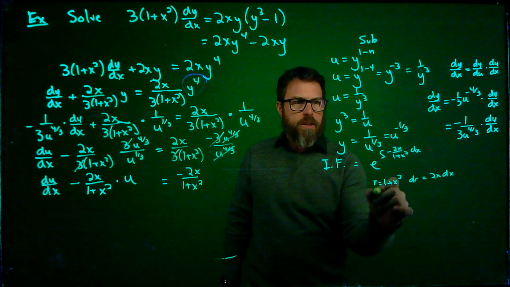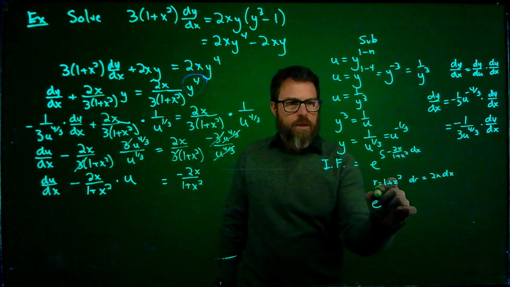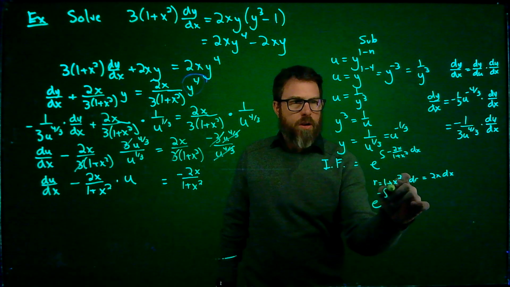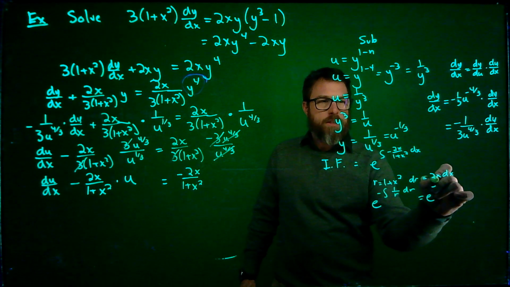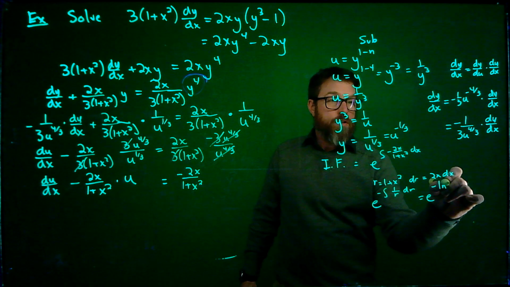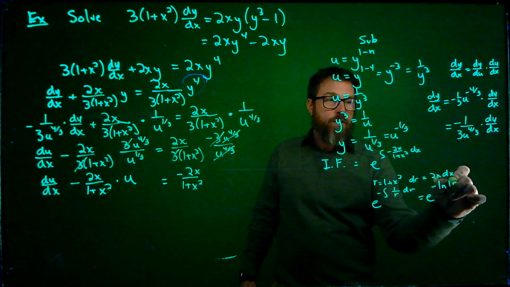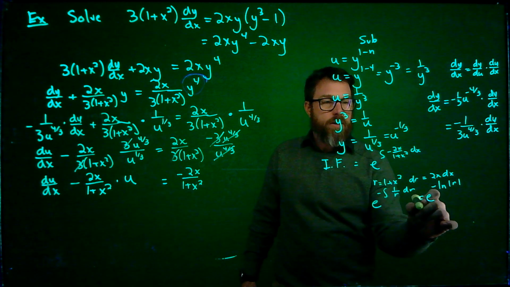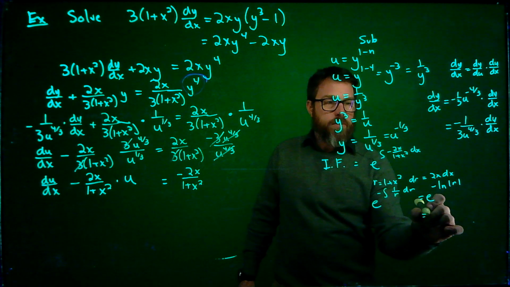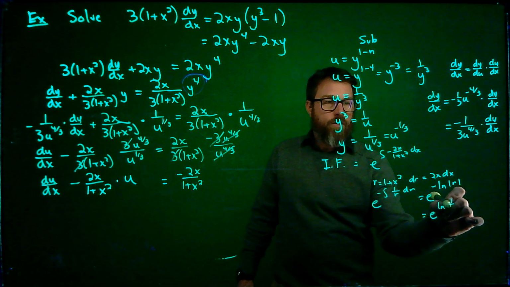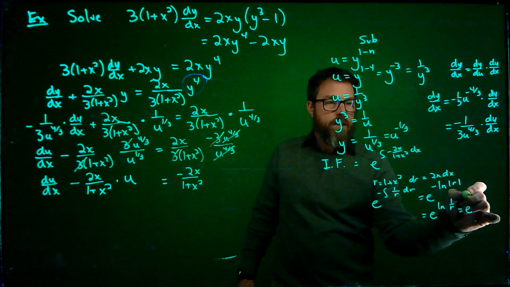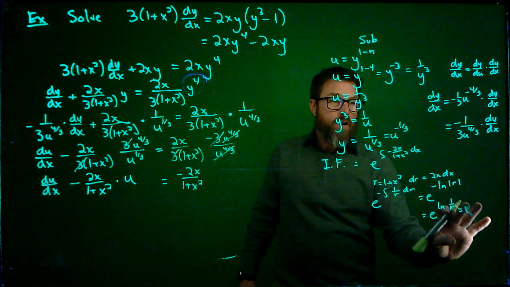So this is equal to e to the negative integral of 1 over r dr. So that would be equal to e to the minus the natural log of, well, absolute value of r, but r is 1 plus x squared. So I can put that at the bottom. This is going to be equal to e to the natural log of 1 over r, which is 1 over r.